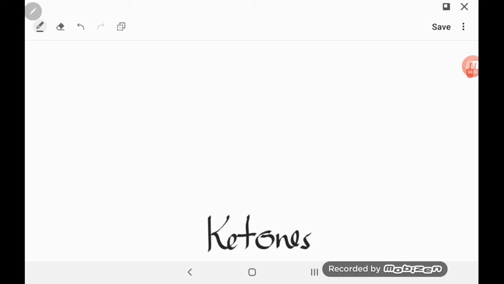A ketone is a functional group, or an example of an organic compound, with the structure R-C double bond O-R, where R and R can be a variety of carbon-containing substituents. Now, in order for you to understand the structure of a ketone, I'm going to draw here an example of a ketone.